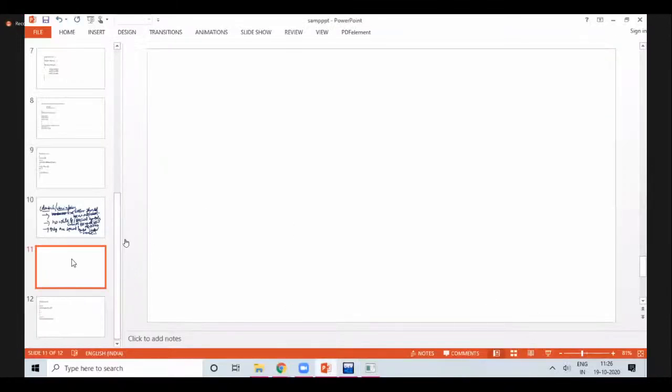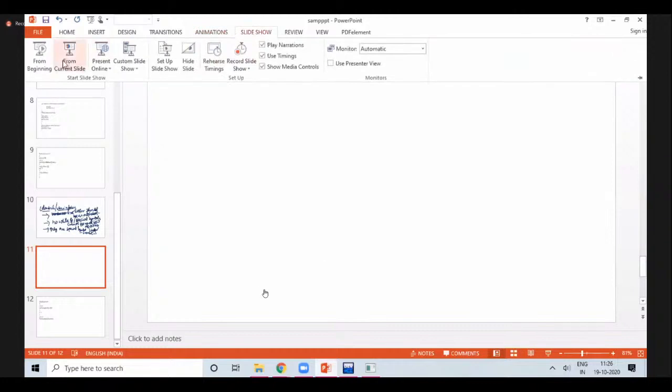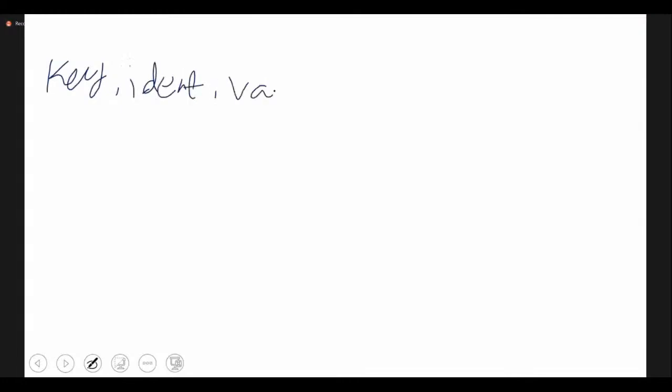So the first one we have seen is keywords. Then we talked about identifiers, and identifiers and variables both fall in the same category. Then we have seen constants, numerical constants and string constants.